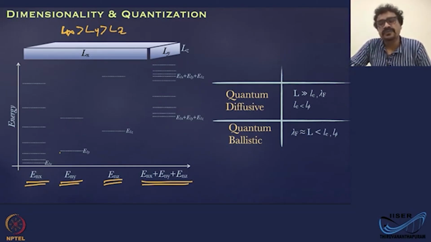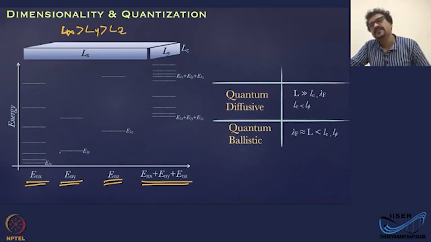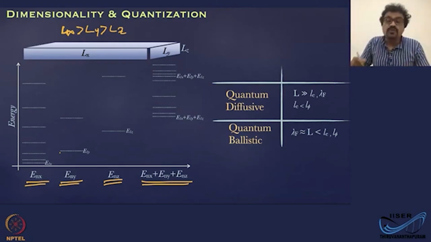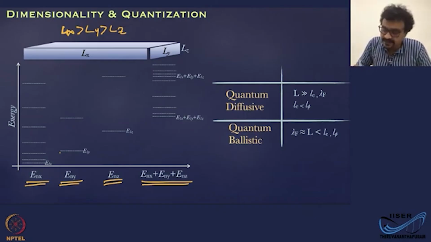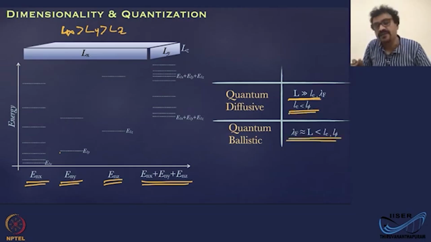Now, you might ask, what is the point here? What is the importance? Now, the quantization, or observation of quantum transport features, which we have discussed in one of the introductory lectures, depends on how these length scales compare with the dimension of the system.